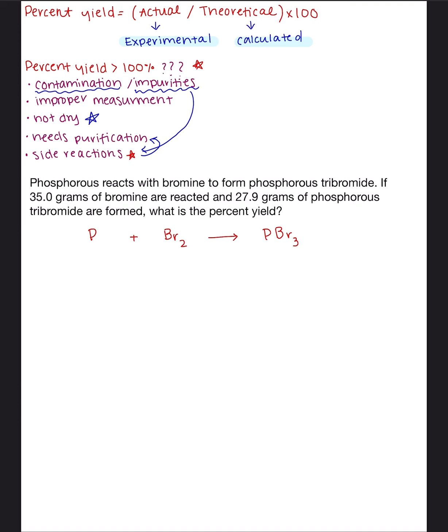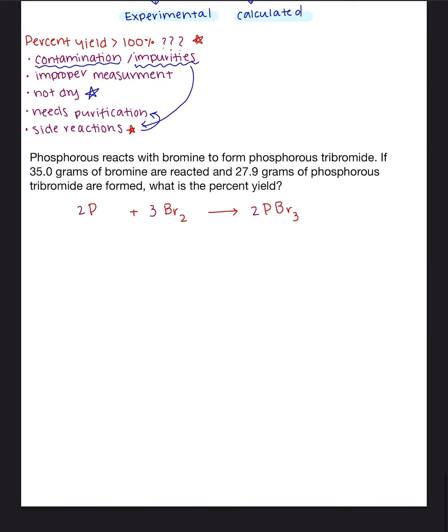Now we need to balance it, because I know right off the bat it's not balanced. You can use the tally up method that I spoke about in my last video, or if you've practiced that and these have become simple to you, then you should be able to just do them in your head, a simple one like this at least.